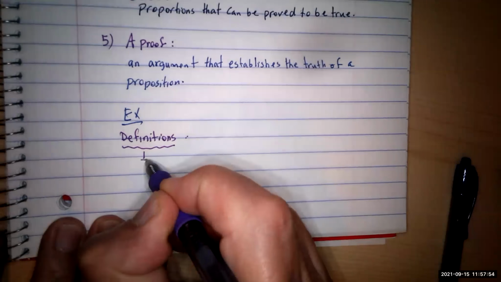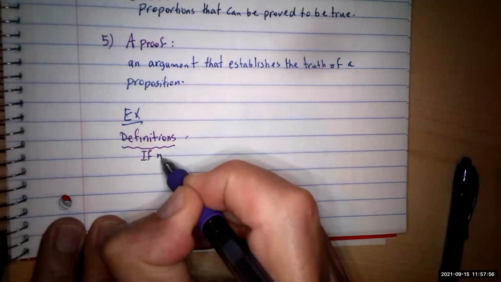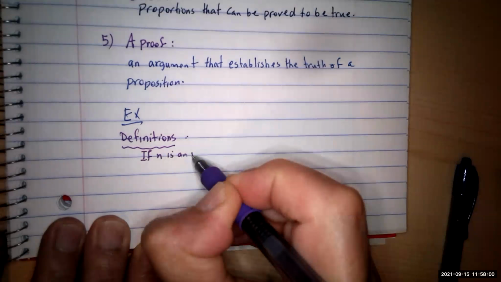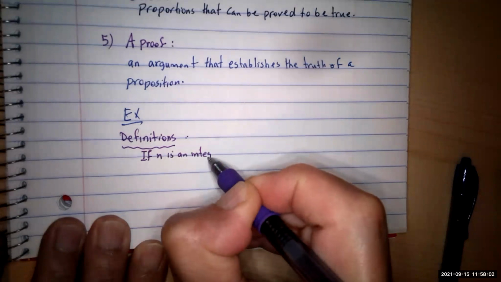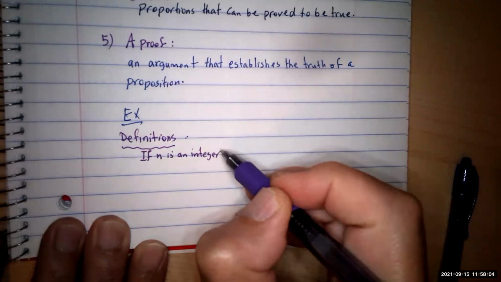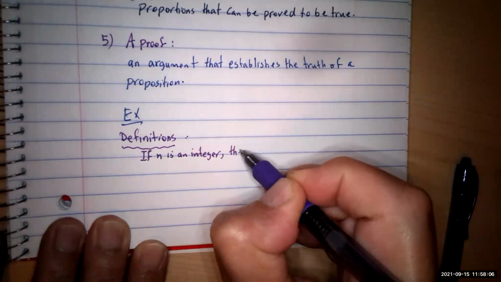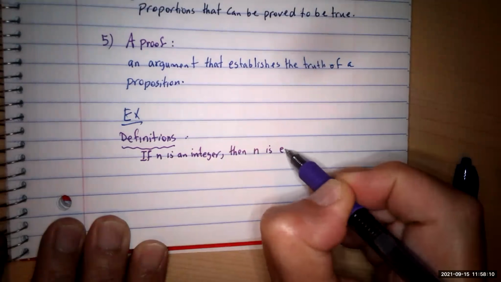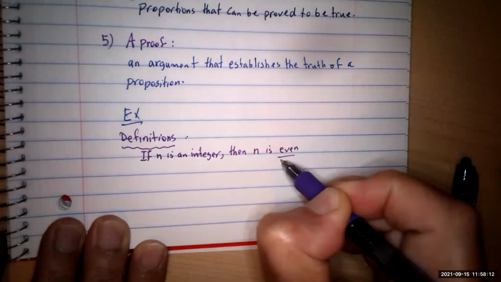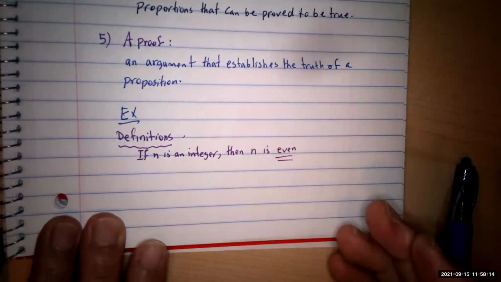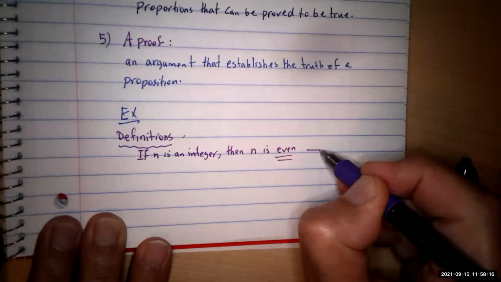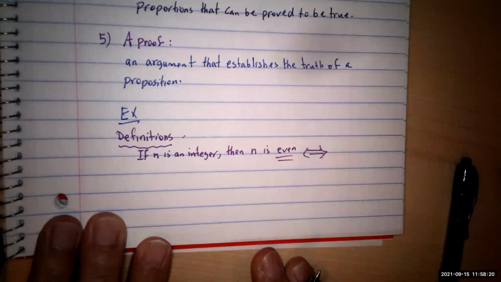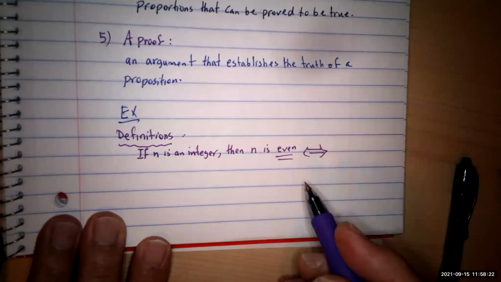If n is an integer, then n is going to be called even. You know that the definition for even is a number that's divisible by 2, or a multiple of 2. This is how we define it.